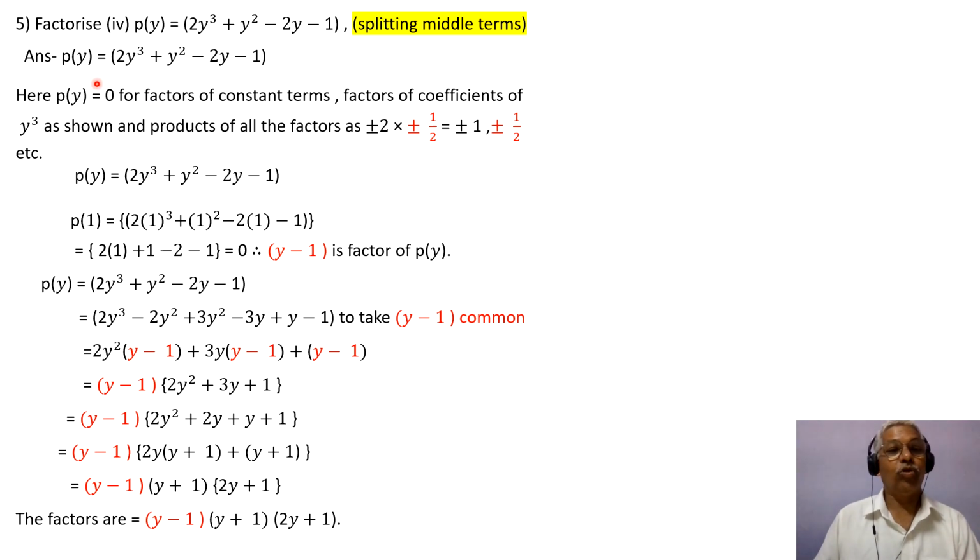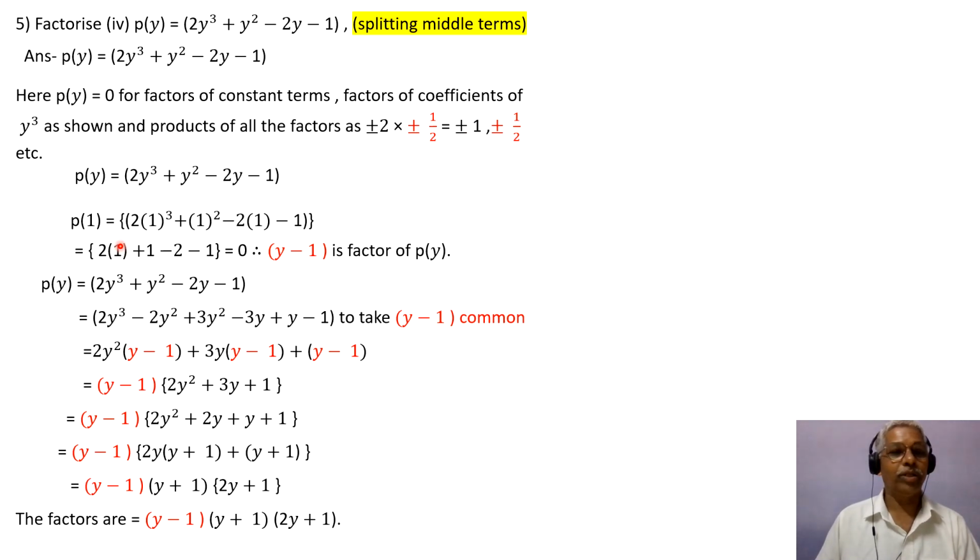So we have to carry this 2 ahead. If you divide this by 2, then the last term will be minus 1/2, and the factors of minus 1/2 here are plus minus 1 and plus minus half. We have seen this part in an earlier example. So now we are substituting all these values to get at least one factor.